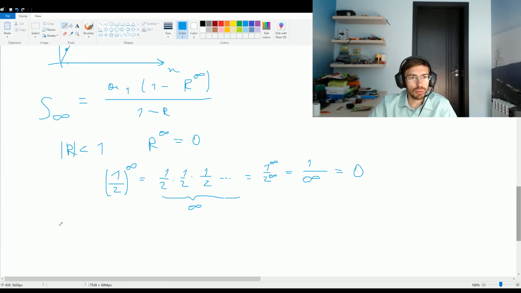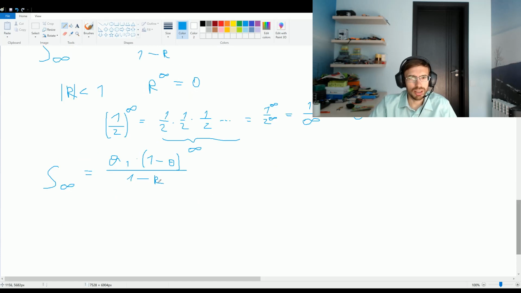So then the formula for the sum to infinity becomes much easier. It becomes a1 times 1 minus 0, and then over 1 minus r. In our case, r is 1/2 and a is 1.